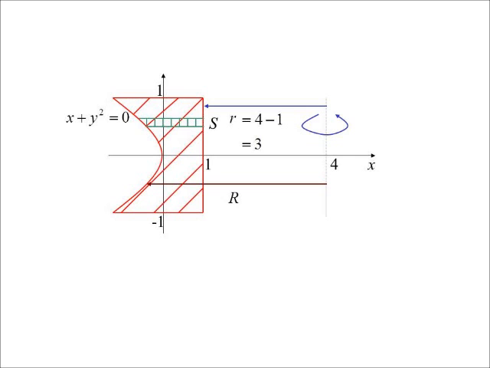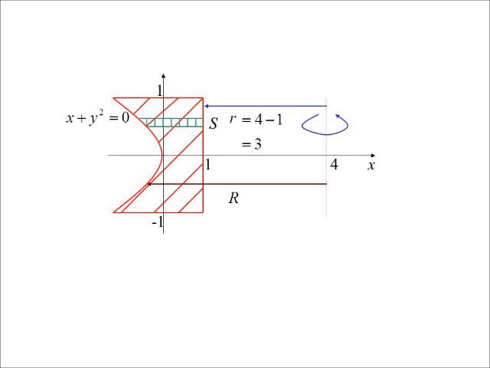The outside radius. It is so tempting to say 4 plus the x value. But it's not. It's 4 minus the x value, okay? Because the x value over here is negative. So if you went 4 plus the x value, you end up with something less than 4. But clearly it's bigger than 4.